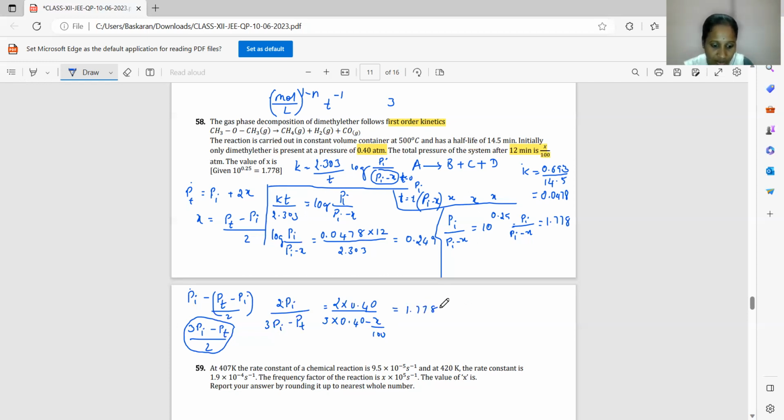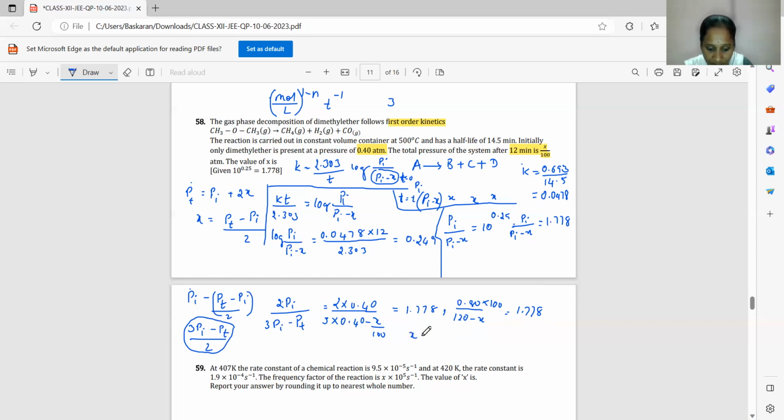On simplification of this, you will get 0.80 divided by 120 minus x, that is, into 100, which is equal to 1.778.